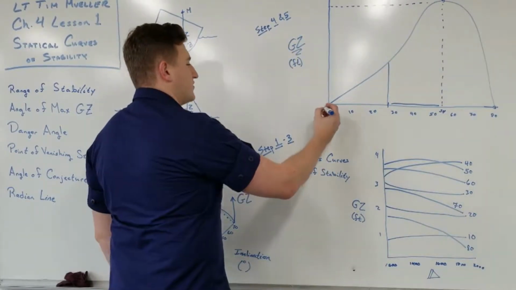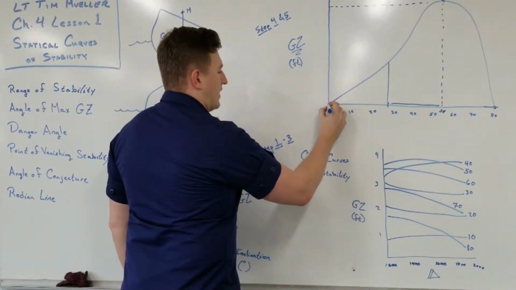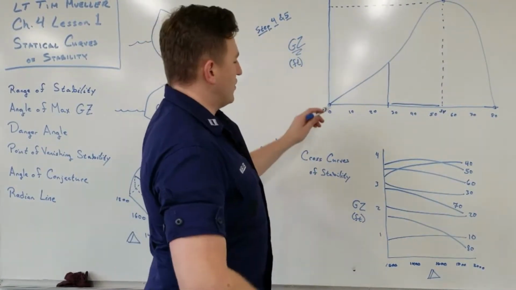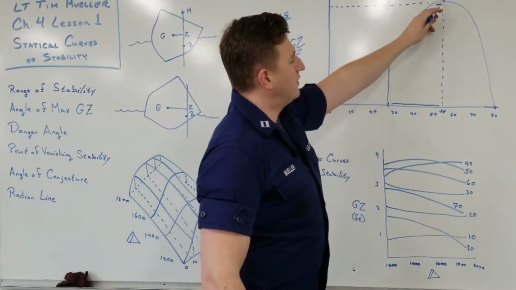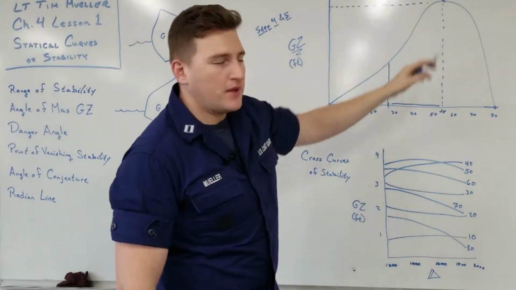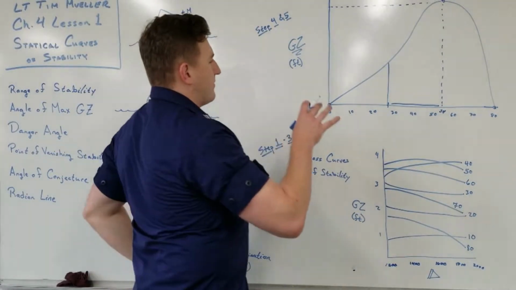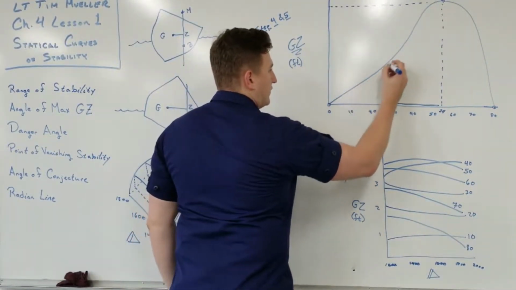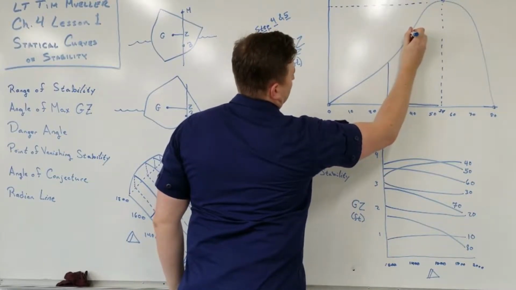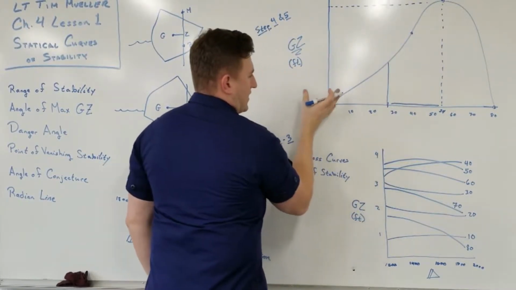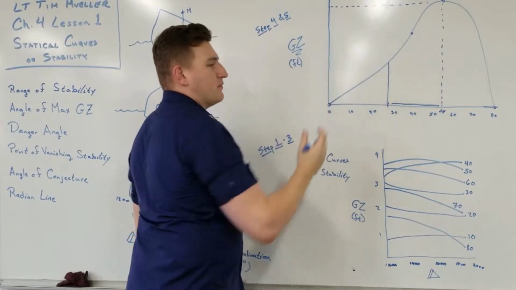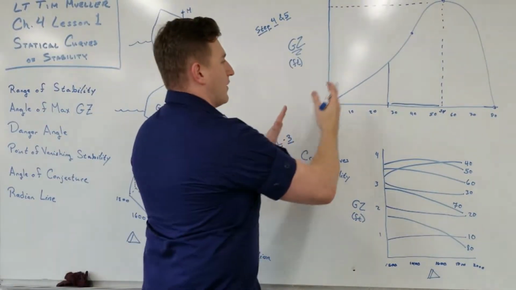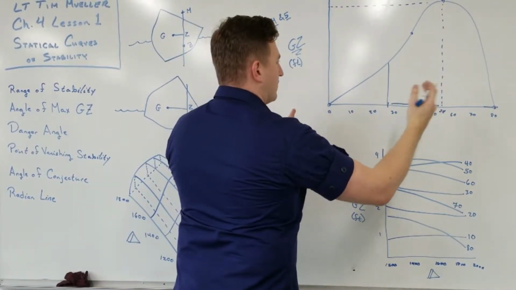So we see that the graph starts at 0, and it's increasing all the way to its angle of maximum righting arm. But however, we look at the behavior of this line, we see that from here to about here, it's increasing, and then it's increasing even more as we keep marching along those angles.